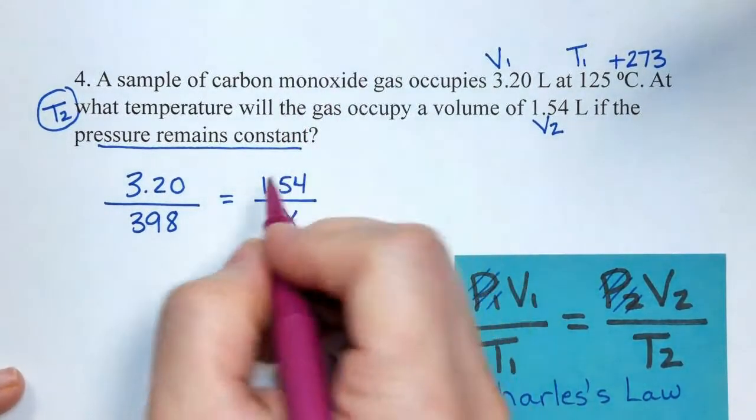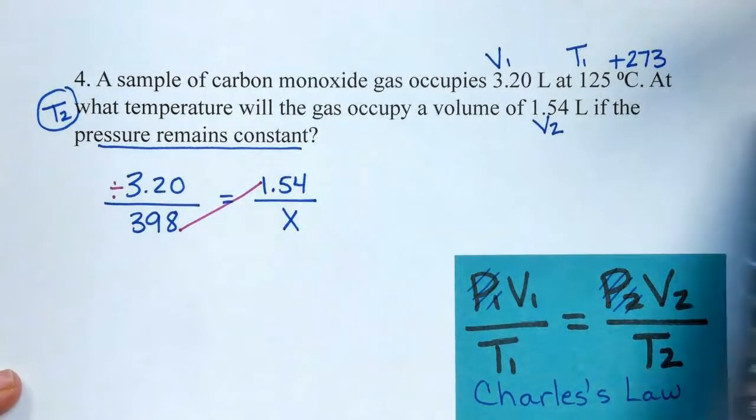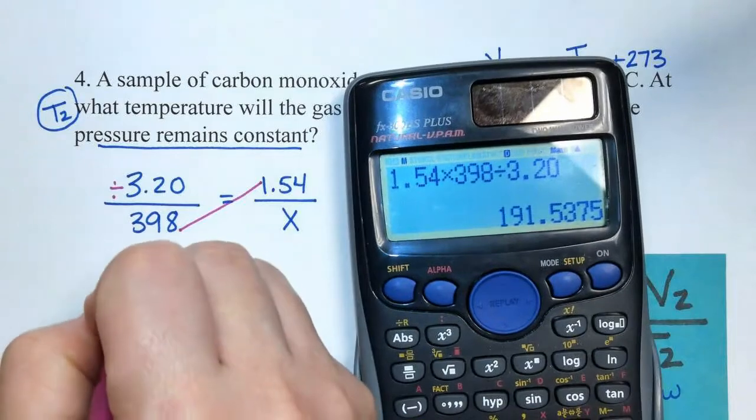So we'll do this times this, and then divided by that. 1.54 times 398 divided by 3.20, and we get 192.